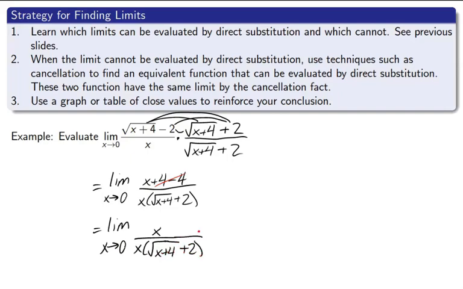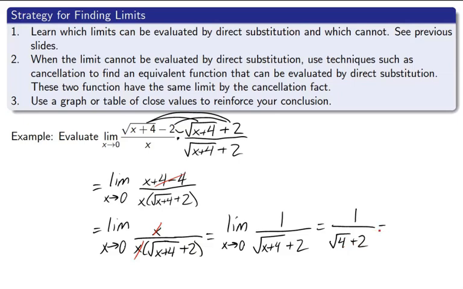With that said, now I'm using the cancellation fact. The x's cancel out, and I'm left with the limit as x approaches 0 of 1 is what's left when I do the cancellation, over the square root of x plus 4 plus 2. Plug in 0, and I get 1 over the square root of 4 plus 2, which you guys can see is 1/4.